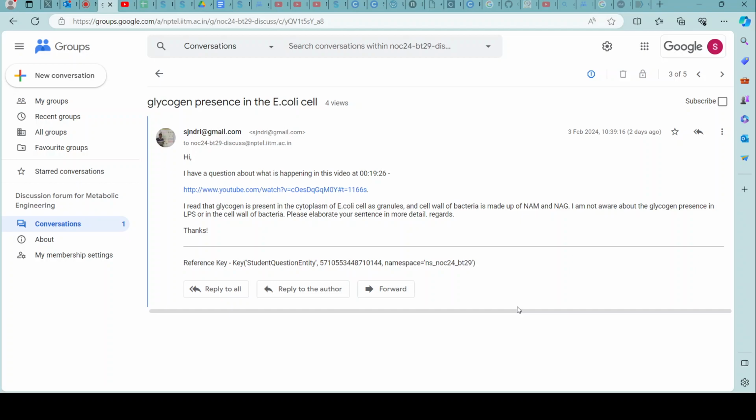Maybe the professor meant that glycogen derived products are used in the formation of NAG and NAM. But to clarify, glycogen is not present as glycogen in lipopolysaccharides or in the cell wall.